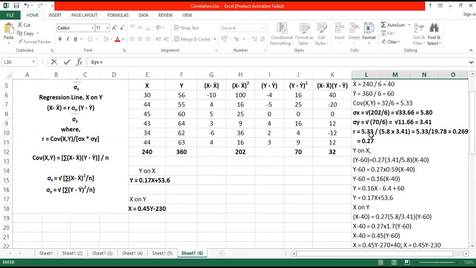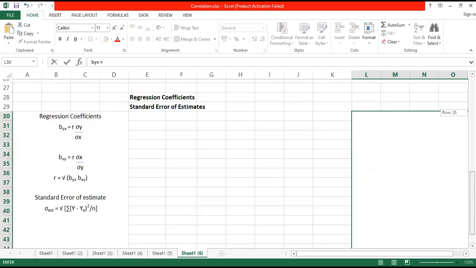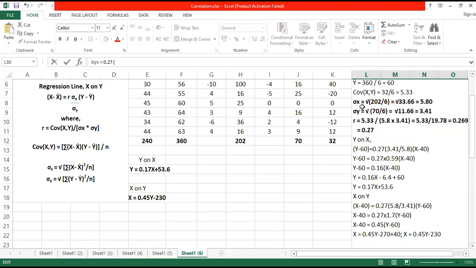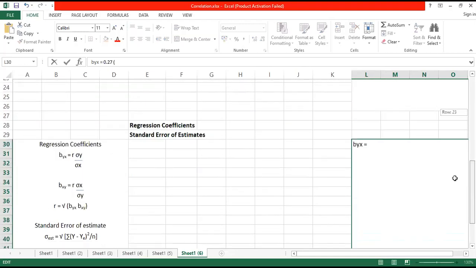Our r is 0.27, right, into sigma y upon sigma x. Let us see what our sigma y was. Our sigma y was 3.41 and sigma x 5.80.